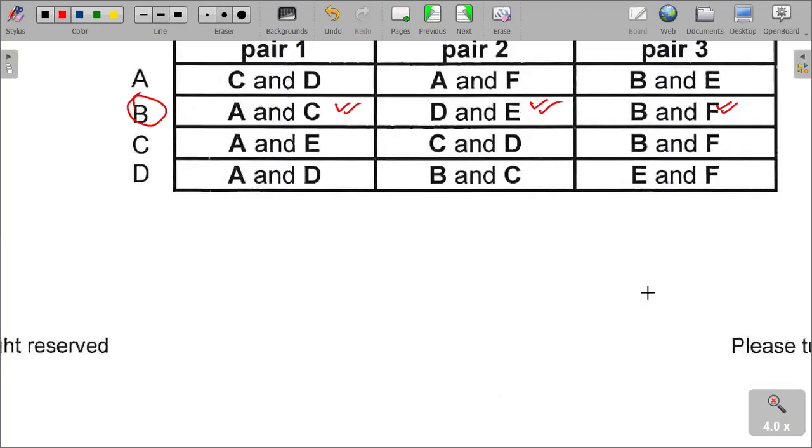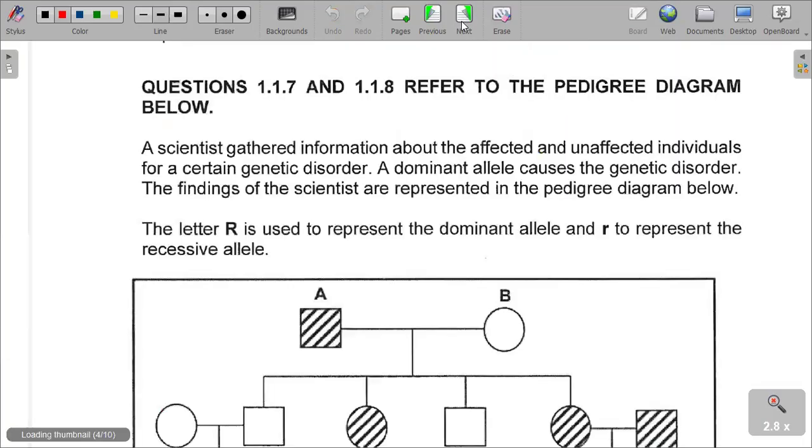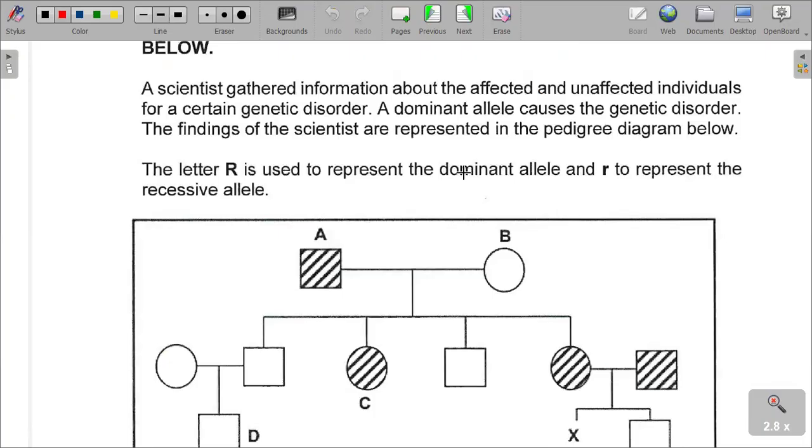Next question. Let's quickly answer our next question. 1.7: scientists gathered information about the affected and unaffected individuals for a certain genetic disorder. A dominant allele causes the genetic disorder, so take note, a dominant allele is represented by the capital letter.